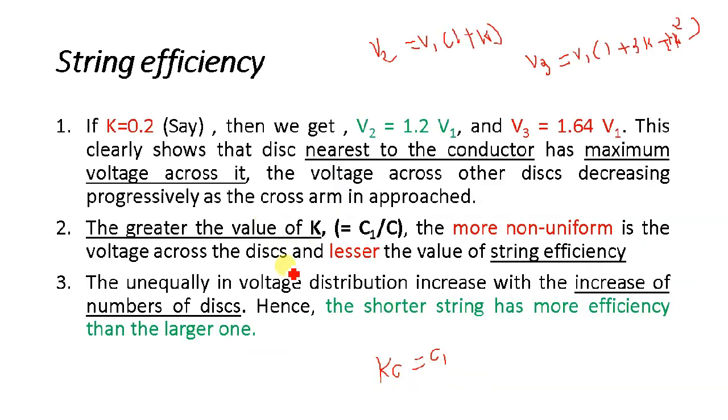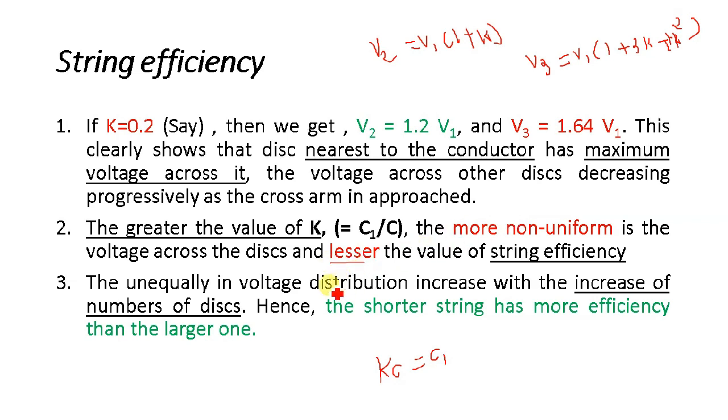So the greater the value of K, the more non-uniform is the voltage across the disks, and the lesser the string efficiency. So our task is to maintain the value of K as small as possible, because the more the value of C1, the more non-uniform the voltage distribution, and the lesser the string efficiency.